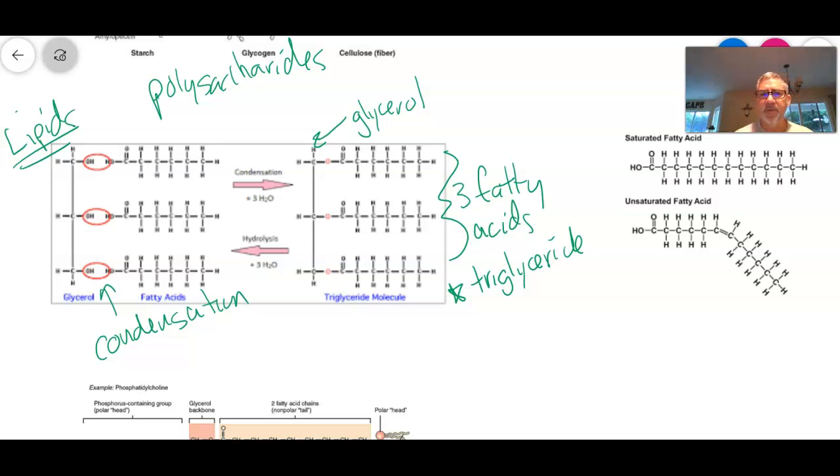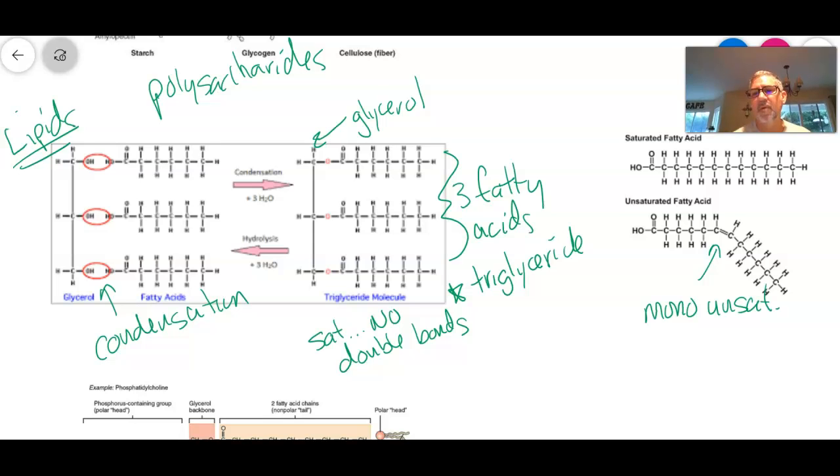All right, so you could say that this fatty acid right here is saturated. It's saturated because there are no double bonds. Right. So this fatty acid right here would be called monounsaturated because it has one double bond. If it has many double bonds, it would be polyunsaturated.